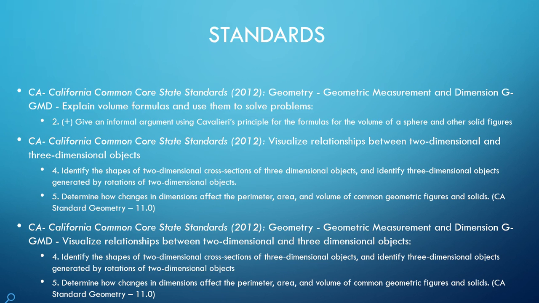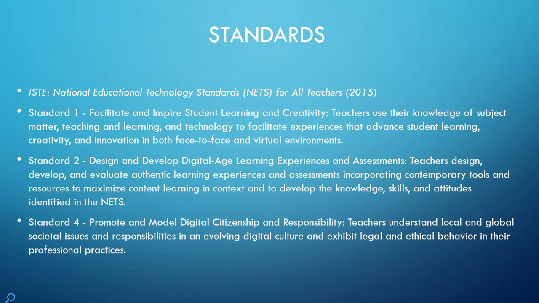Here are the standards I'm looking at, the geometry ones: visualizing, relationships, geometric measurements, and everything else. I'm also using the ISTE standards, and these are the ones I'm trying to get in there as well.